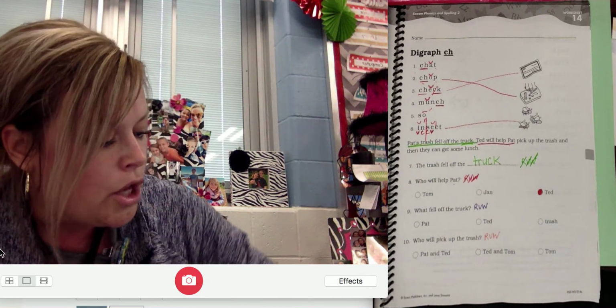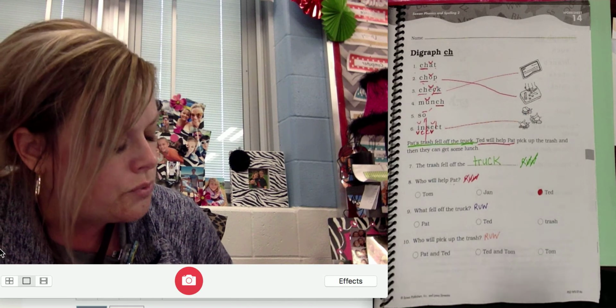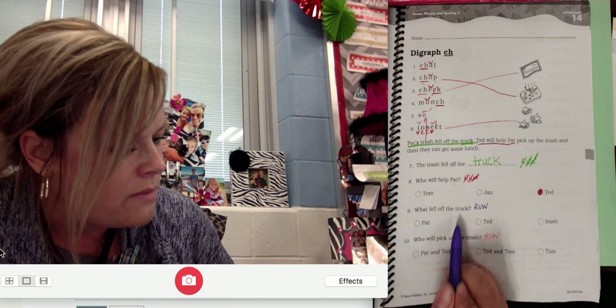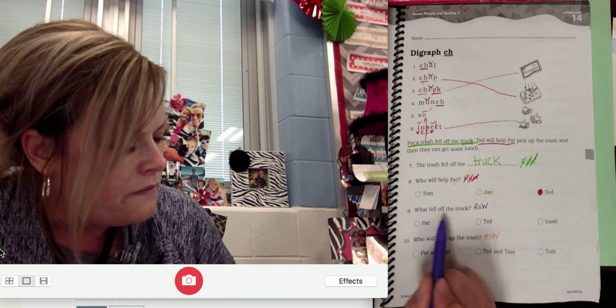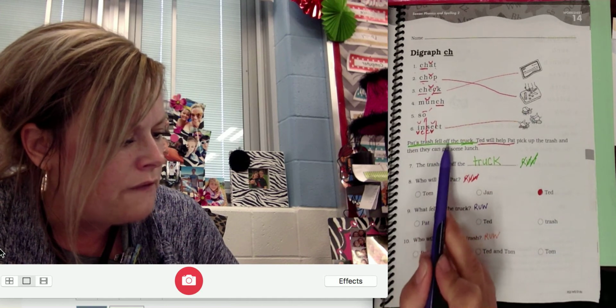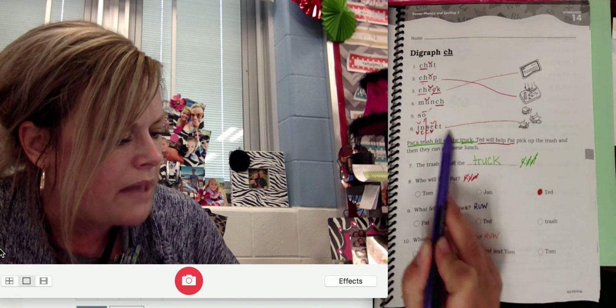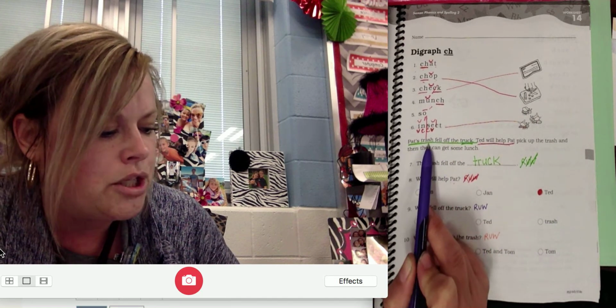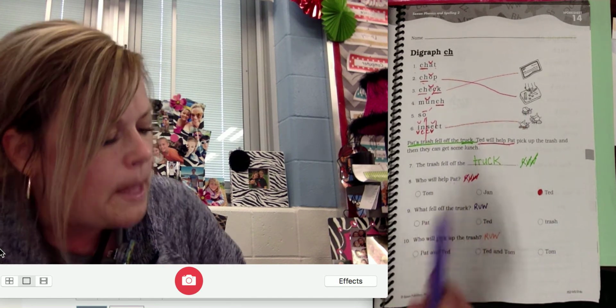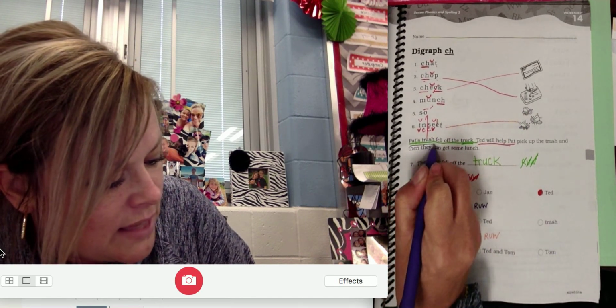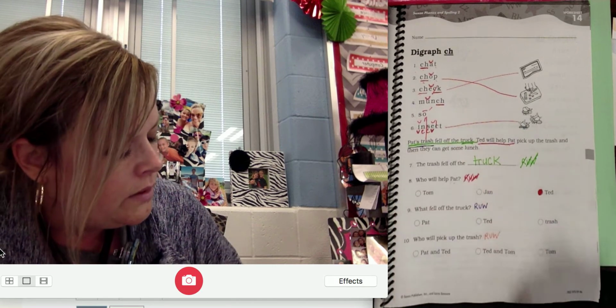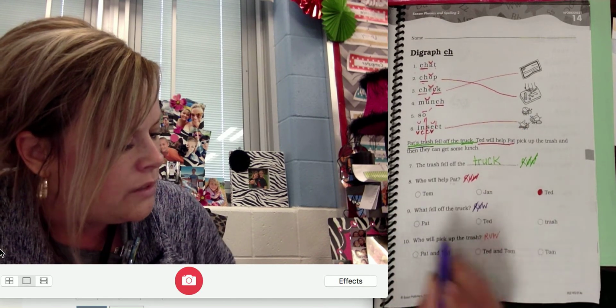Number 9, what fell off the truck? Fell off the truck. I remember that's in there. What fell off the truck? I remember fell off the truck was right here. So I'm going to go back and read. Pat's trash fell off the truck. Pat's trash. I'm going to underline that again. Red and I underline. Now let's write in the bubble.